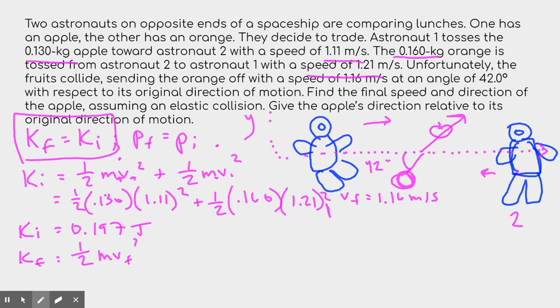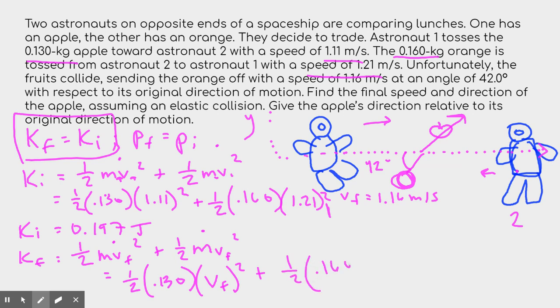So it's the same situation. We're going to do this again, but this time we're only looking at the final velocities, so we can plug in what we know, which is that 1/2, and this is for the apple, this is for the orange. We know the mass of the apple still is 0.130. We do not know the final velocity. Plus, we know both the mass and the final velocity for the orange. Oops, that's not 1.16. What am I doing? Oh, wait, yes, it is. I'm sorry.